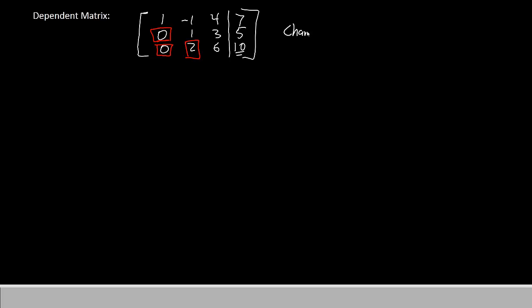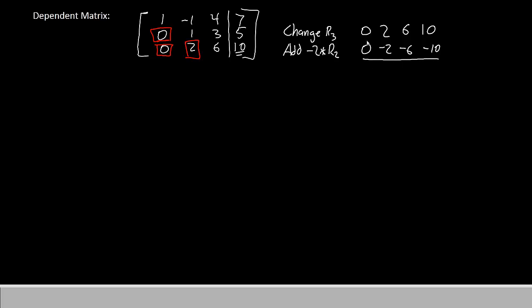So just like last time, we are going to change row 3, 0, 2, 6, 10, by adding, just like before, negative 2 times row 2. So we take negative 2 times each term in row 2, 0, negative 2, negative 6, negative 10, just like it was last time.